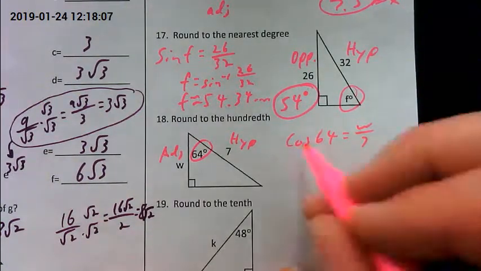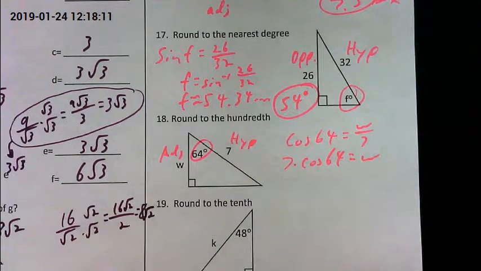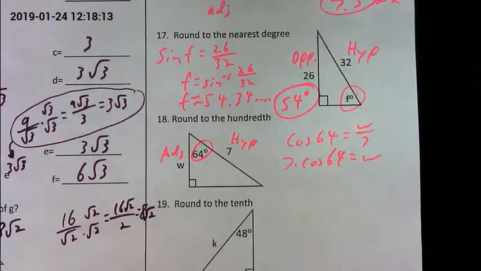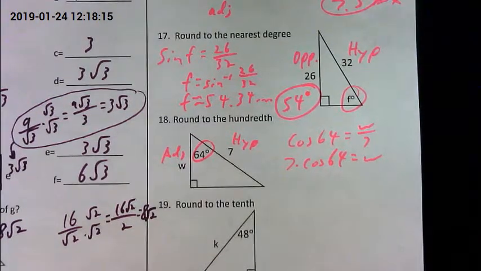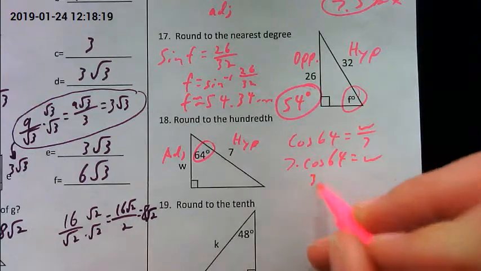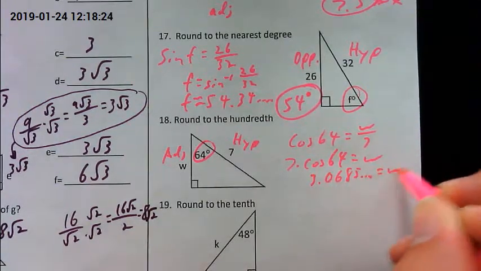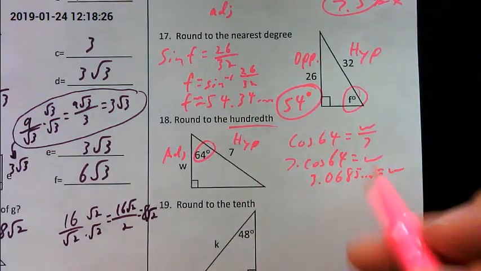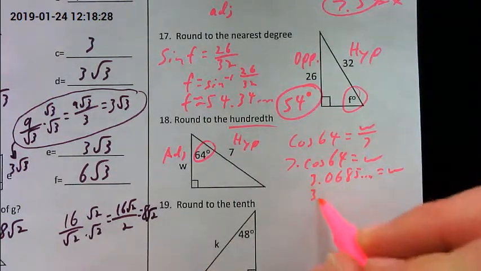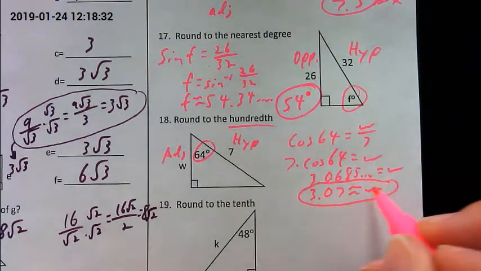We just need to multiply the 7 to the other side. Plug it into your calculator. 7 times cosine of 64 equals 3.0685 and it keeps going. What are we rounding to? Hundredth. So this is going to round up. 3.07 will be our final answer.